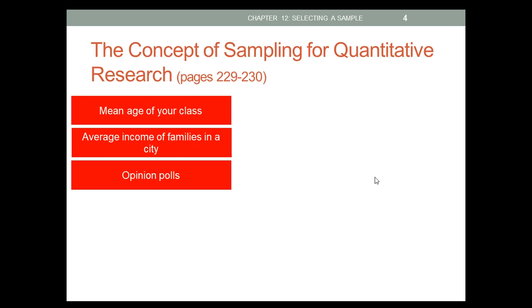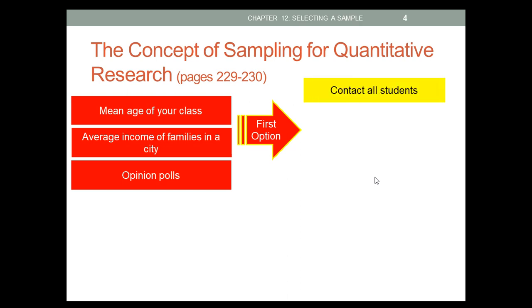In order to get the answers that you want to find out, you have the first option and the second option. For the first option, you can contact all students in your class. You can talk to all 30 classmates and ask them the same question. What is your actual age?